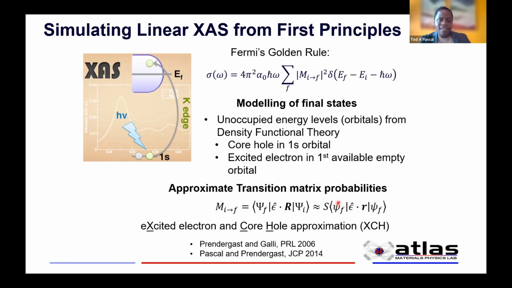And it turns out that a lot of the issues with using DFT in particular, since it's a mean field theory, is that the electrons effectively see themselves, the self-interaction error. That more or less goes away when we start looking at these core holes and these excited states that are generated from the core holes, because these core holes are so deep that we get extreme localization of these excited states around that core hole.